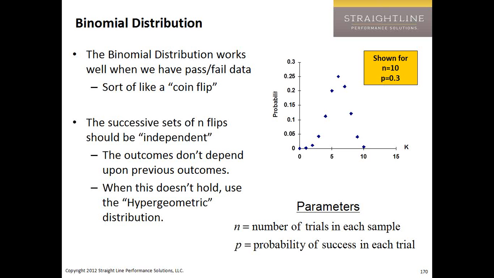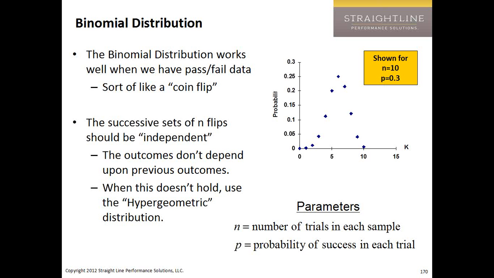Parameters in a binomial distribution are n and p, where n is the number of trials and p is the probability of success in each trial. In the example of 100 coin flips, n would be 100 and p would be 50%, a 50-50 chance of a head. In the on-time delivery example, I had 50 deliveries, so n would be 50, and p I'd have to get from the data.